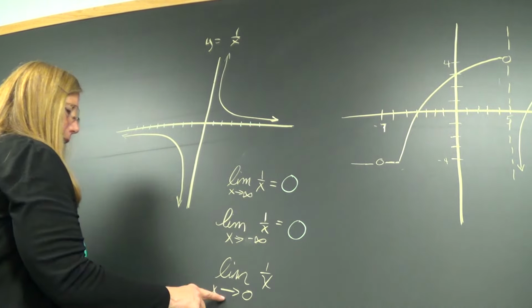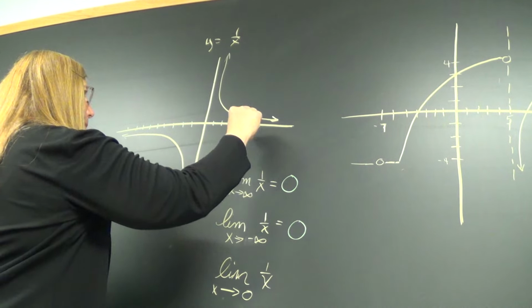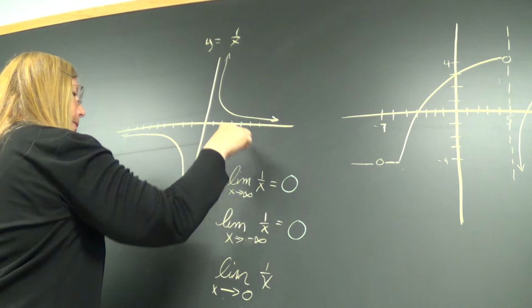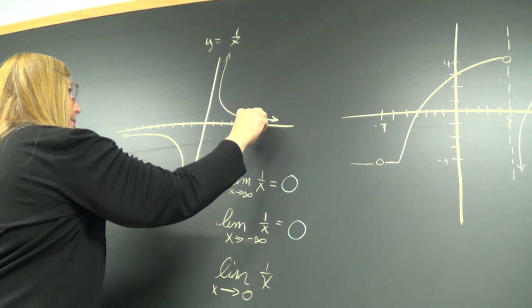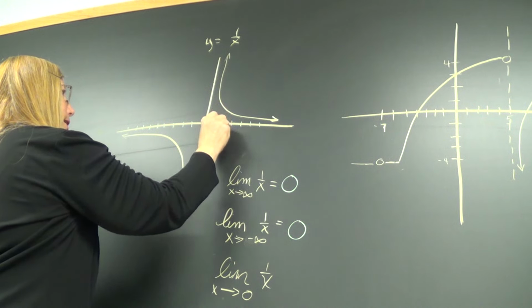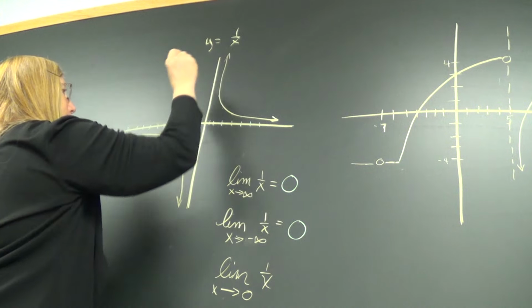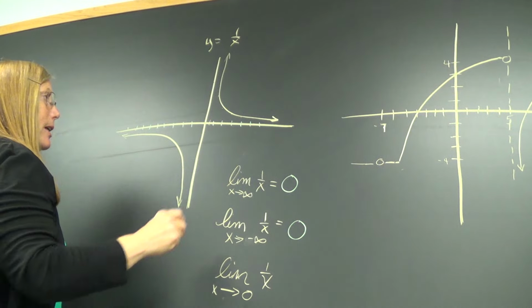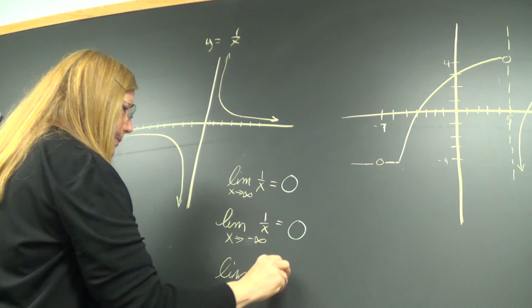The limit as x approaches 0 of 1 over x is, well, as we came in from this side, remember x is approaching 0, so I'm starting out here and I'm seeing what's happening to the y value. Notice it's getting bigger, bigger, bigger, and the closer I get to 0, the bigger it gets. So when it comes in from the right, it is positive infinity.